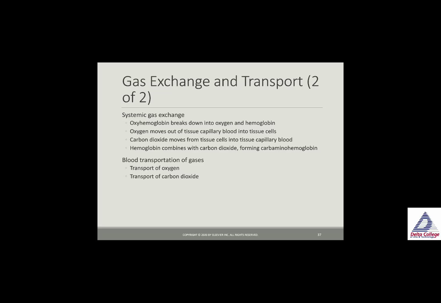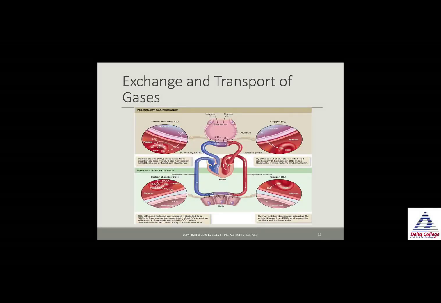Now, blood transportation of gases. This is the transport of oxygen and the transport of carbon dioxide. So this shows pulmonary gas exchange and the systemic gas exchange that I just summarized in the two previous slides. Now, I want to note the one thing that's a little different is in systemic gas exchange, we talked about how the carbon dioxide diffuses in the blood.